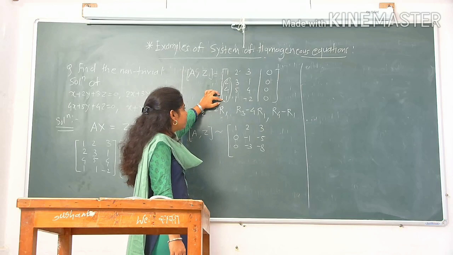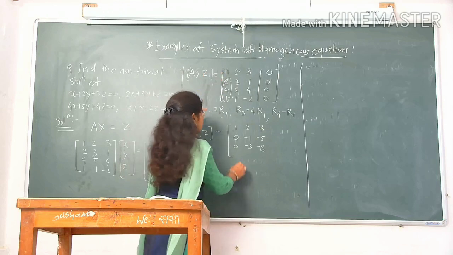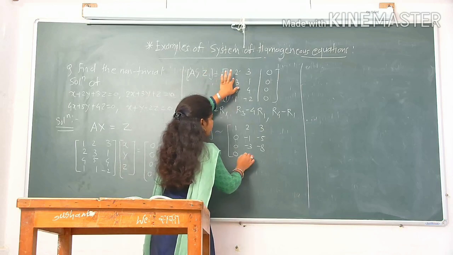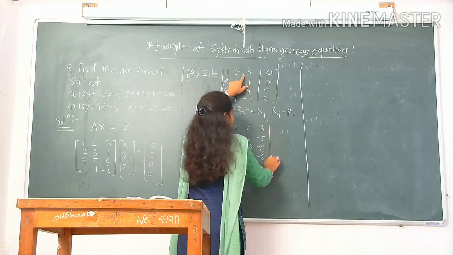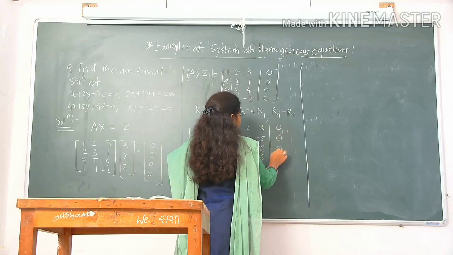Then next we perform R4 minus R1. 1 minus 1 is 0, 1 minus 2 is minus 1, minus 2 minus 3 is minus 5. And here all the elements are 0.